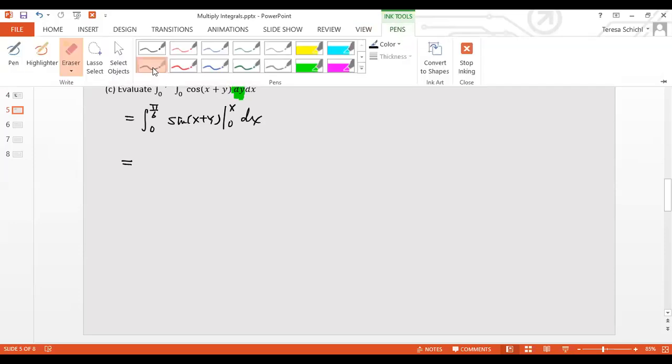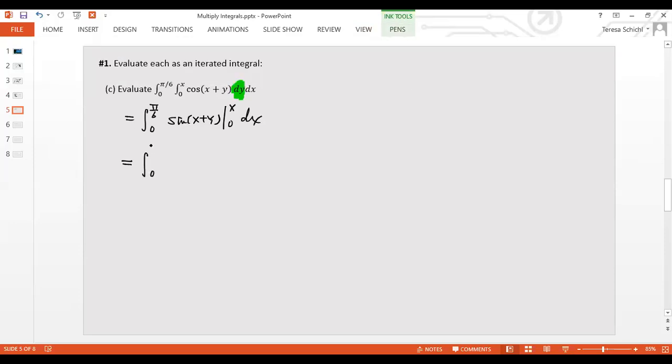So this will be sine 2x, you put x here, so you have sine 2x minus sine x. Now you do dx here. So the sine 2x will be negative 1/2 cosine 2x, and then plus cosine x, right, then 0 to pi over 2 here.